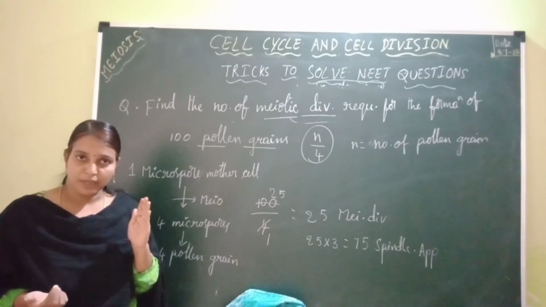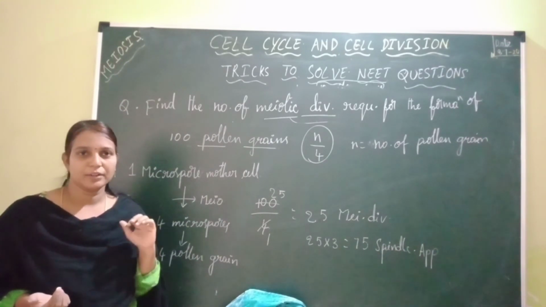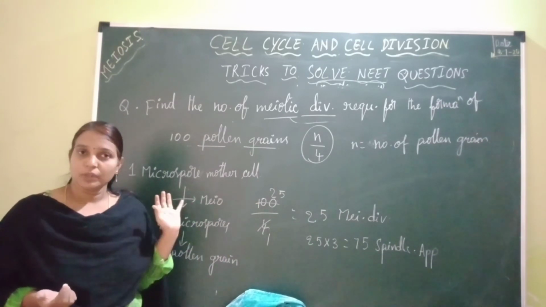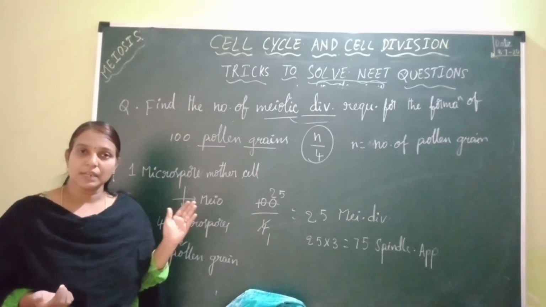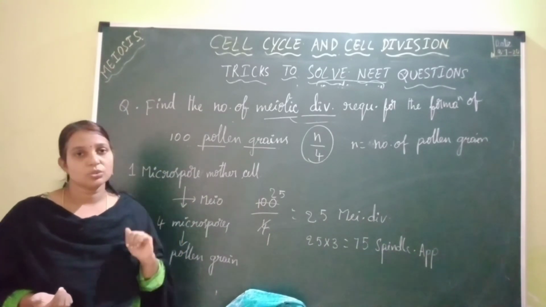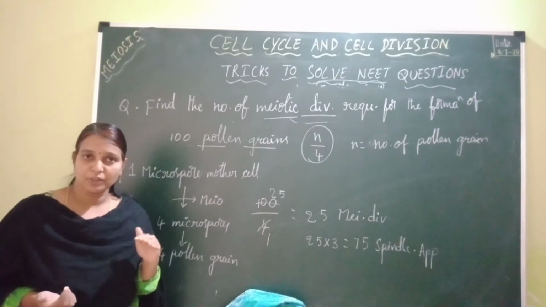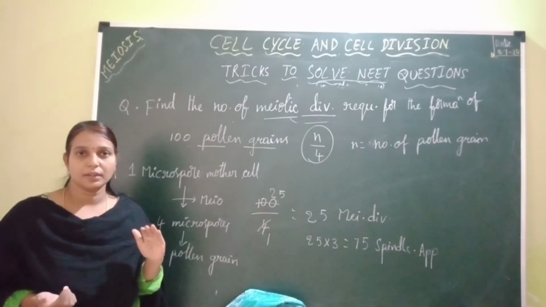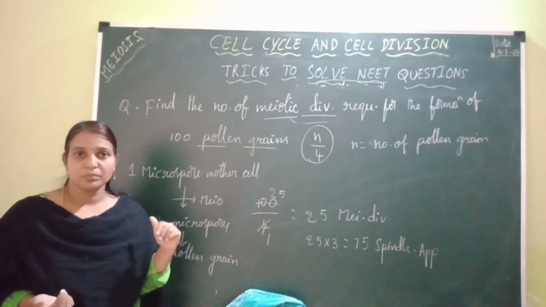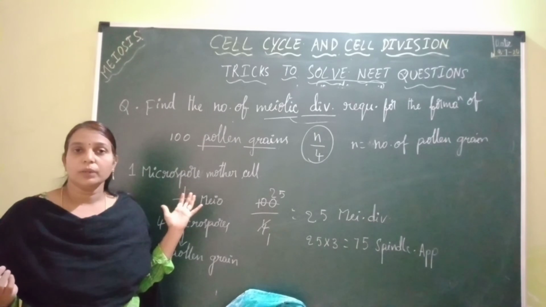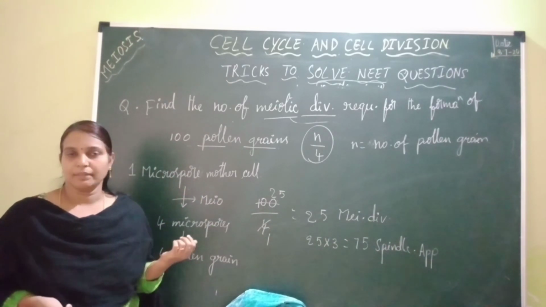We completed mitosis, and I gave some tricks to solve mitosis questions, and then we studied the significance of mitosis. Then we started with meiosis. Meiosis 1 we completed, then meiosis 2 we completed. In between meiosis 1 and 2, interkinesis exists, which I also explained in detail. I also gave some tricks to solve questions related to meiosis. So this is all about cell cycle and cell division.